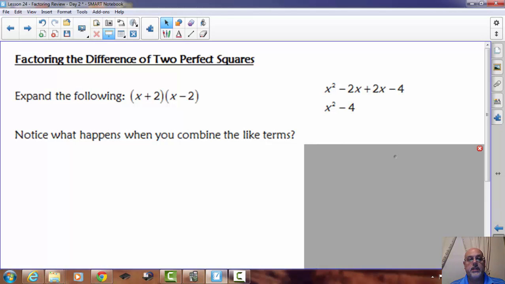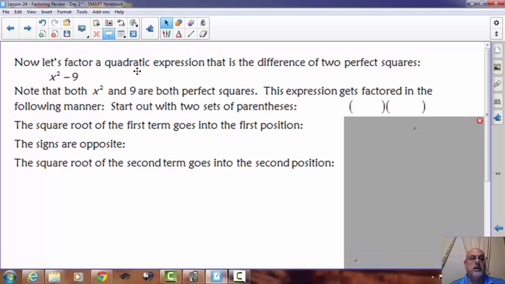So let's look at the steps on doing that. If we start out with x squared minus 9, x squared and 9 are both perfect squares. So you start out factoring with your two sets of parentheses. Then you take the square root of the first term. In this case, the first term is x squared.